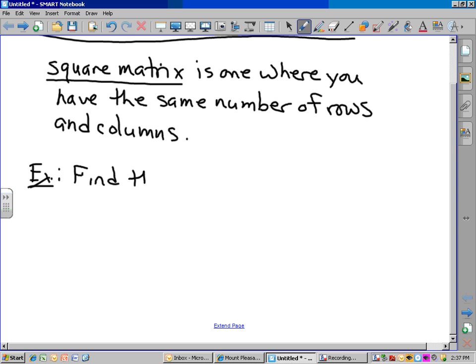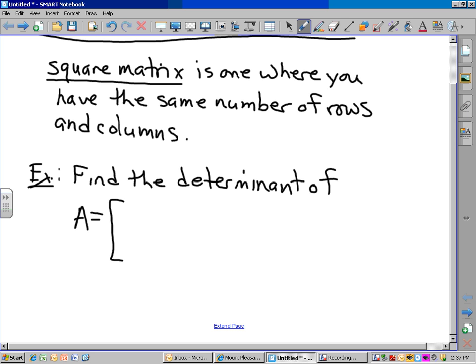Find the determinant of matrix A. And that is going to be 8, 4, 7, 6.